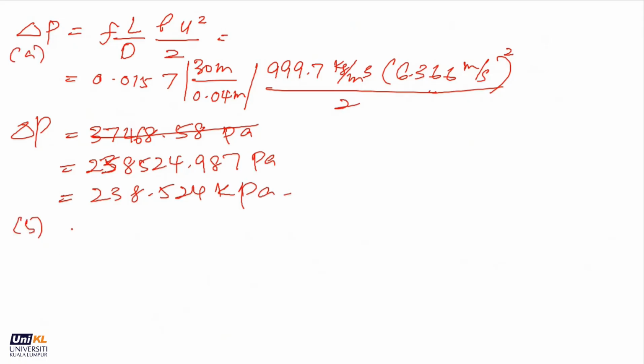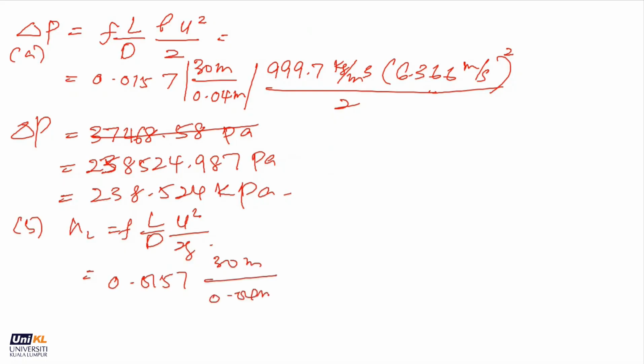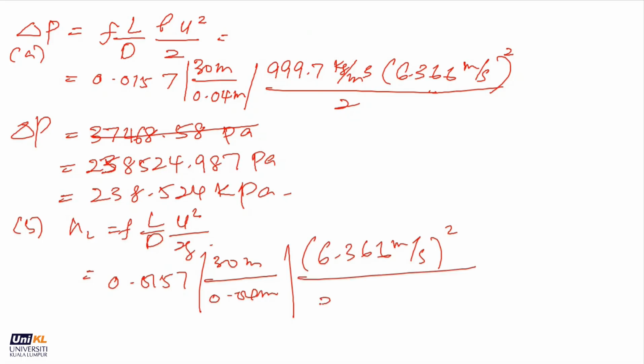Part B, head loss equal to F L over D, U square over 2g. So 0.0157 times 30 meter over 0.04 meter, U square 6.366 meter per second, over 2g.